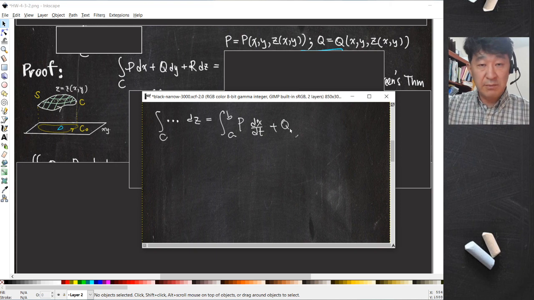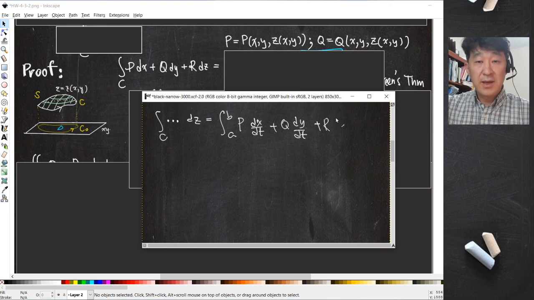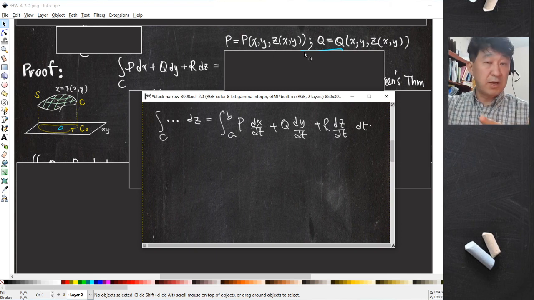This is going to be the same for Q, with all the x, y, z replaced in terms of t, and then dy/dt. And here's R of x, y, z as well, and here's dz/dt and dt. The key thing is that this z is already written in terms of x and y, so this can be rewritten in terms of dx/dt using the chain rule.